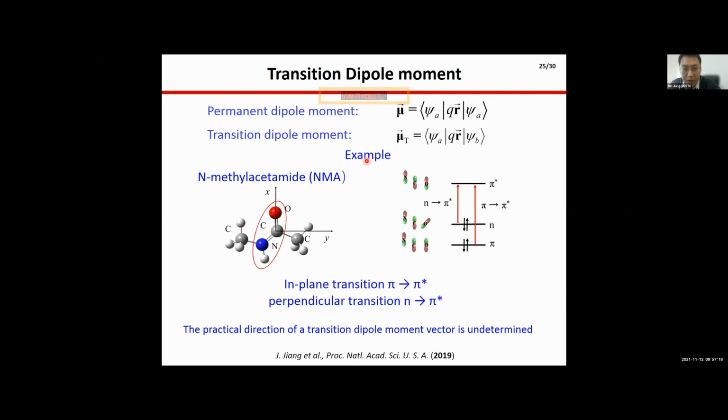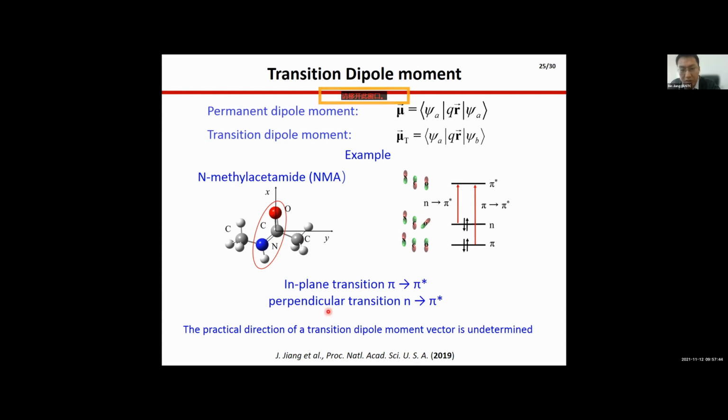So, for example, if you have this NMA molecule, where the transition is mainly dominated by the CONH atoms in this planar geometry, then you will have an in-plane transition and a perpendicular transition for different electronic characters.